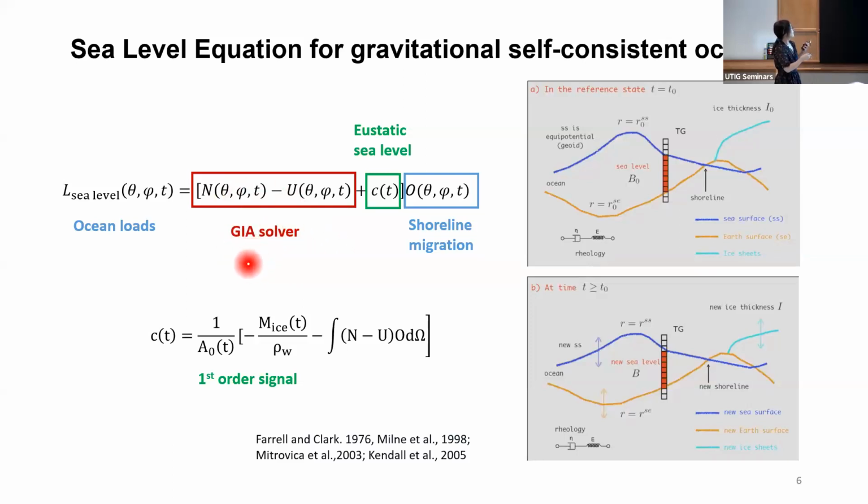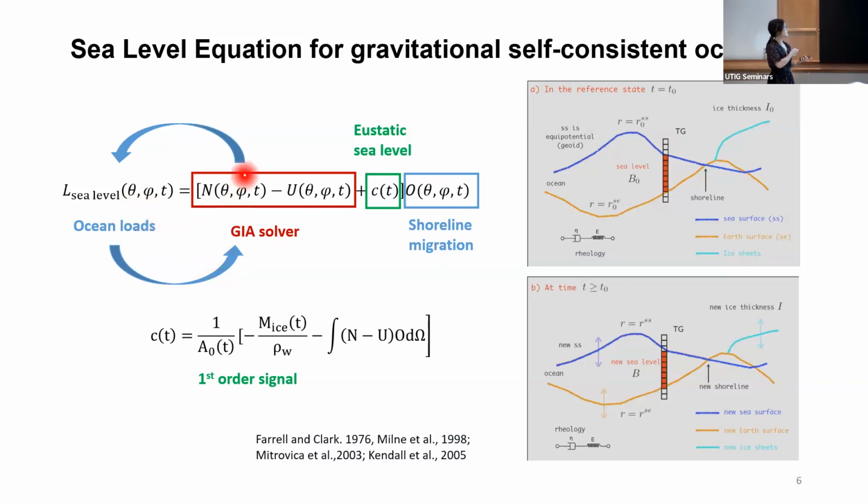For the gravitationally self-consistent ocean, we will also consider the shoreline migration. This is what I just talked about, the geometry of the ocean change, right? So we include all of those effects in our sea level equation, and then we can calculate back the sea level change.